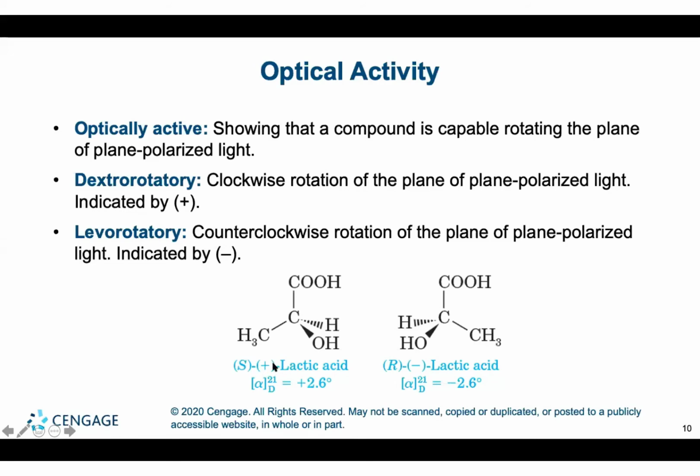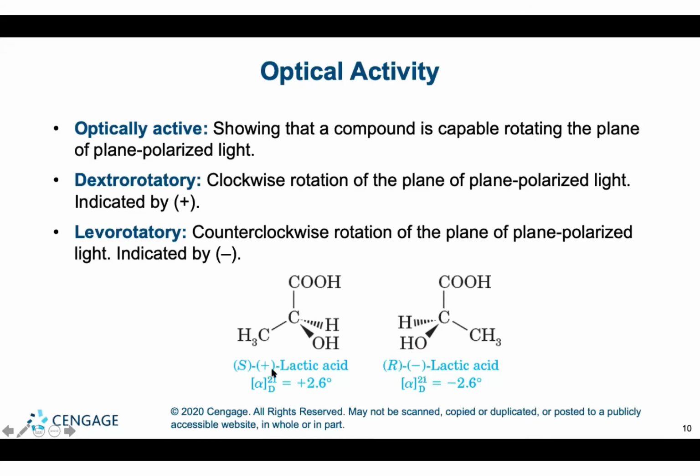We check them by the polarimeter instrument, and when they have clockwise rotation of the polarized light, we have the positive. When they have a counterclockwise rotation, we put negative there.